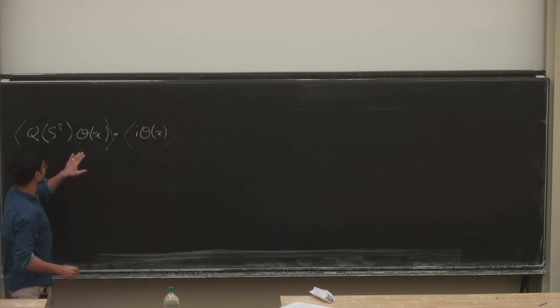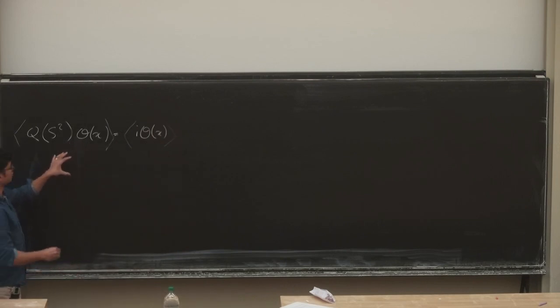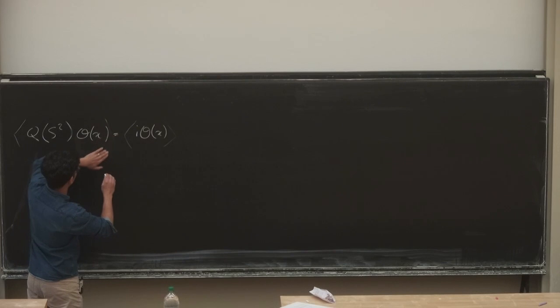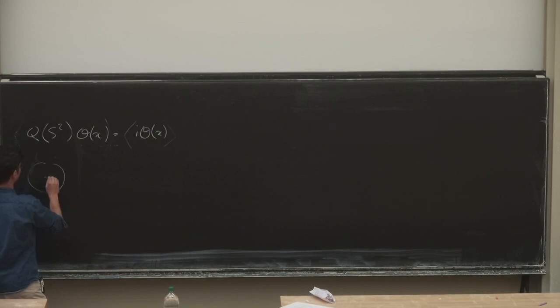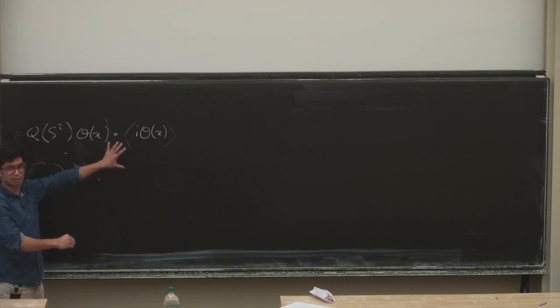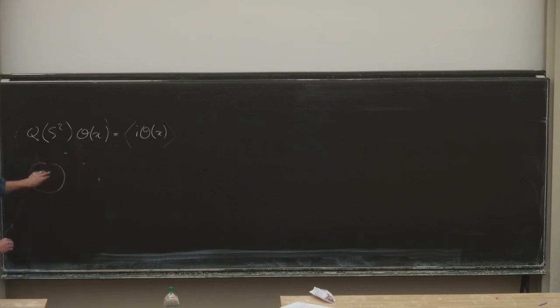In fact, it will be true not just for this expectation value, but you can even insert any other operators that you want in here. And it will be true provided you do it so that those things are not interfering with the collapsing process of my S2. So you can insert other operators, O of Y, O of Z, and so on, anywhere else, so long as they don't interfere with the collapsing process of this S2, then this equation will still hold.